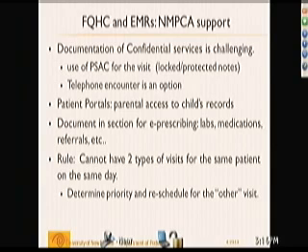With many of the EMRs that the FQHCs are using, the only way in the EMR system is the PSAC, the Patient Security Access Code. It's a section in their EMR that they can lock down and put protected notes in. The other way to sometimes maintain confidentiality is a section called a telephone encounter, and in that they can sometimes put notes.